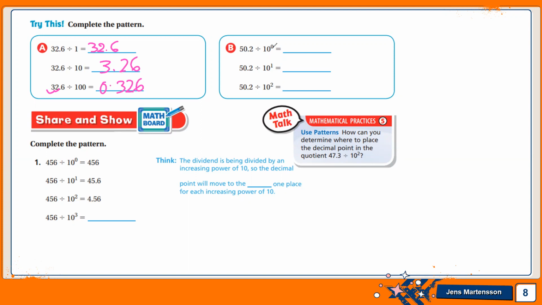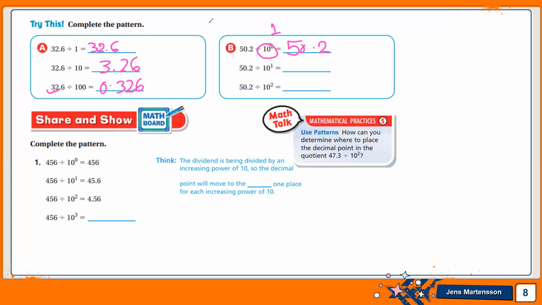If I told you I have 0 apples, what does it mean? I don't have apples. So 0 means nothing. Since the power is 0, don't move the decimal point. Keep it as it is. Because 10 to the power of 0 means 1, and dividing any number by 1, the number will stay the same. Is it clear? Okay, Haneen, thank you.